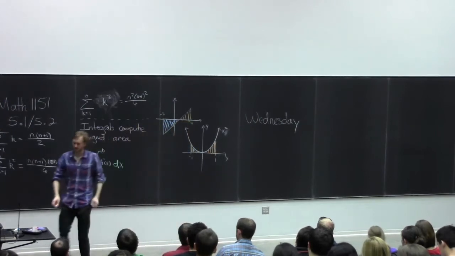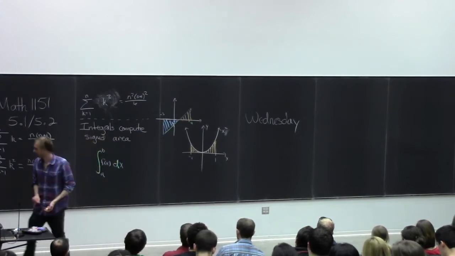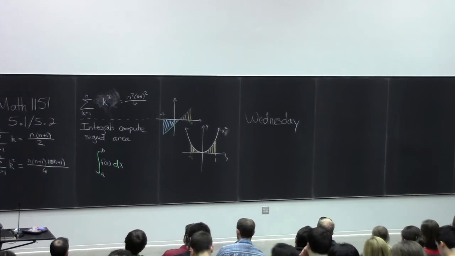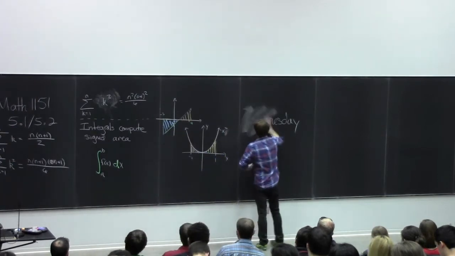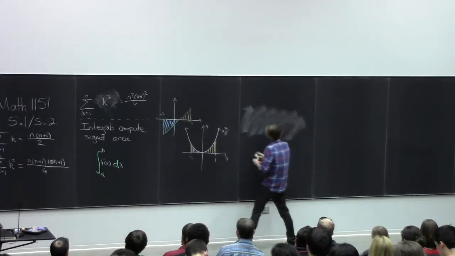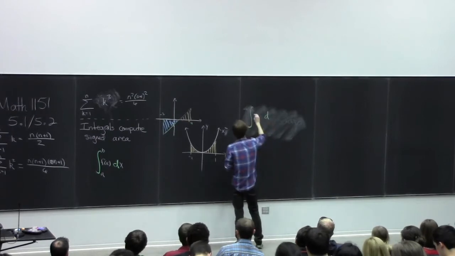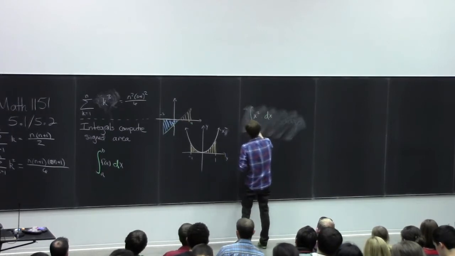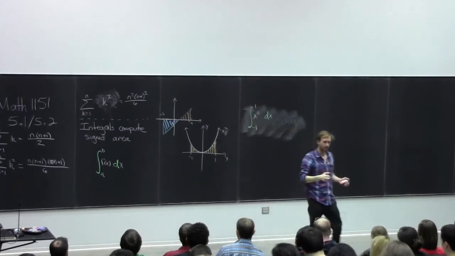It's the positive area computed by the integral of x squared dx from -1 to 1, right?